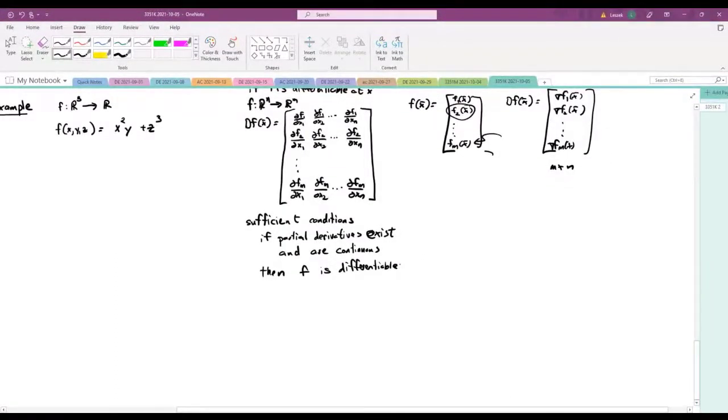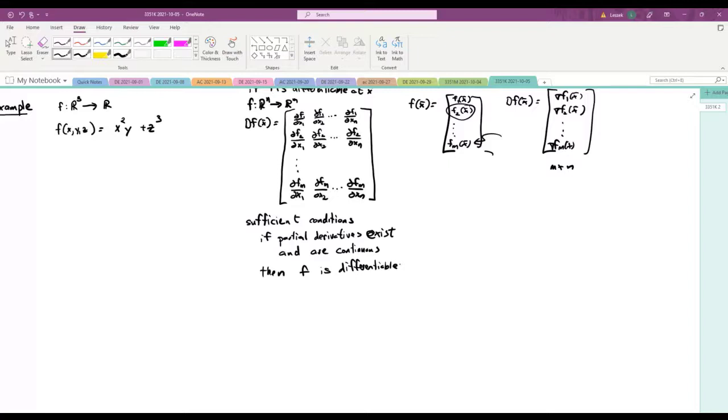Now it's possible that the converse doesn't hold, right? In general, you can look at an example of a function which is differentiable at a point, and the partial derivatives exist, but they're not necessarily continuous. So differentiability implies continuity of the original function, but differentiability does not imply the continuity of the partial derivatives.